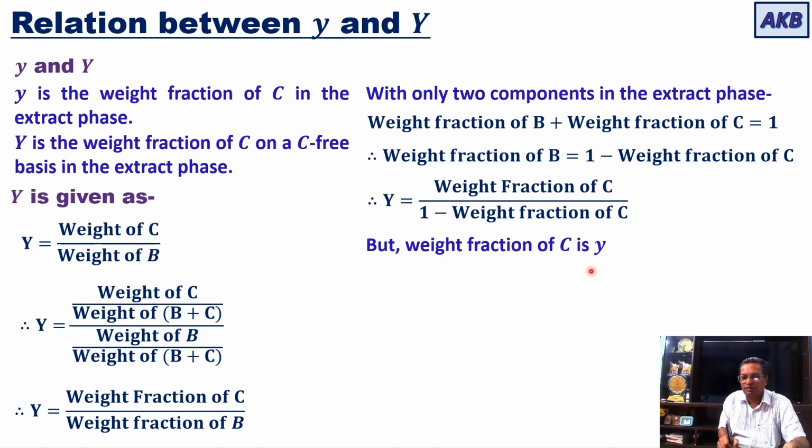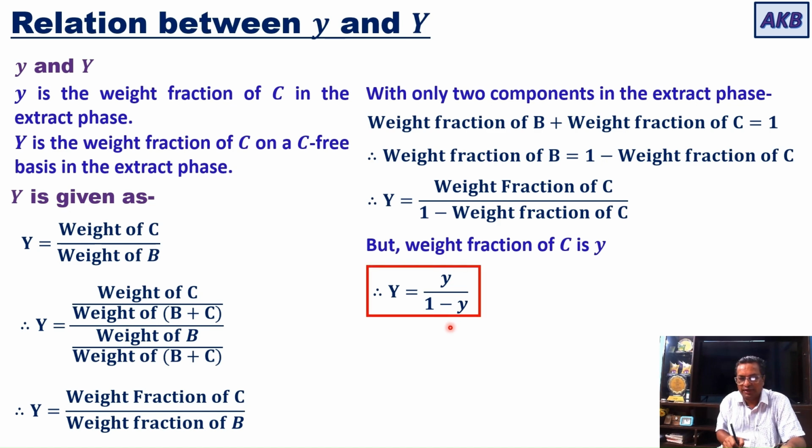But we denote weight fraction of C in the extract phase by small y. So capital Y will be equal to small y divided by 1 minus small y. So this gives one relationship between capital Y and small y. This relationship will be useful to calculate capital Y if small y is known to you.